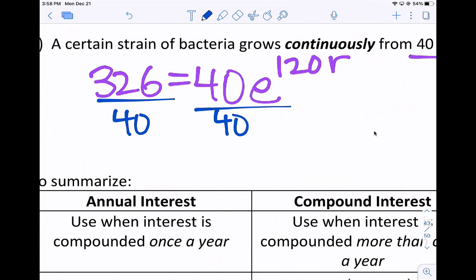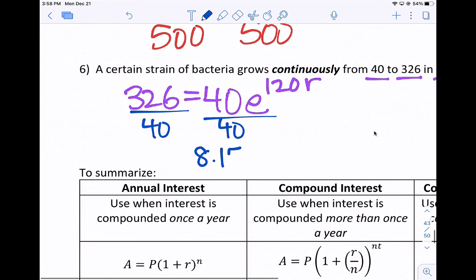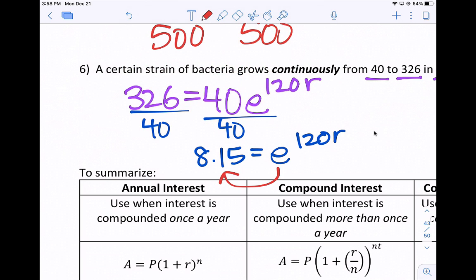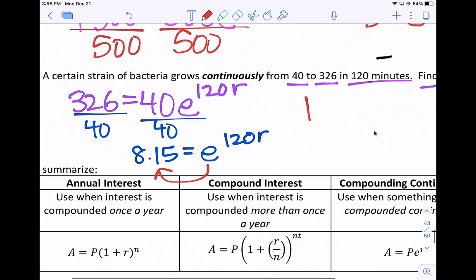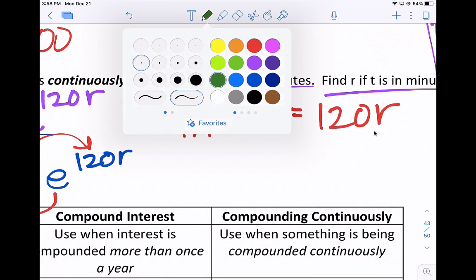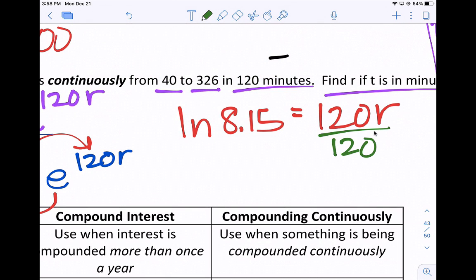All right, 326 divided by 40 is 8.15 equals e to the 120r. We're going to log it, but again, it's going to be natural log because it's base e. So we're going to say ln of 8.15 equals 120r. And then last step, divide by 120, and then you can type it in.